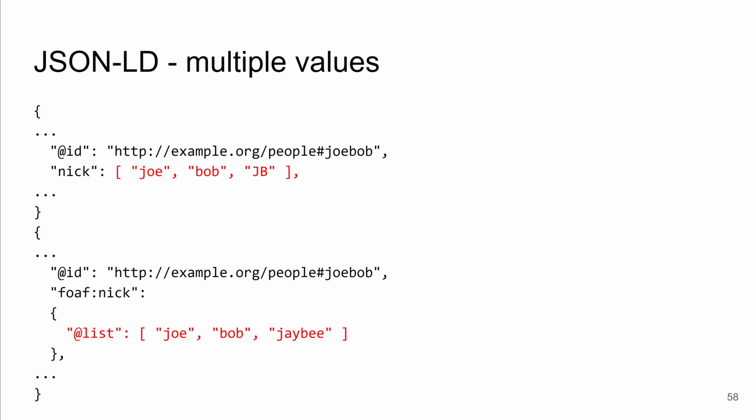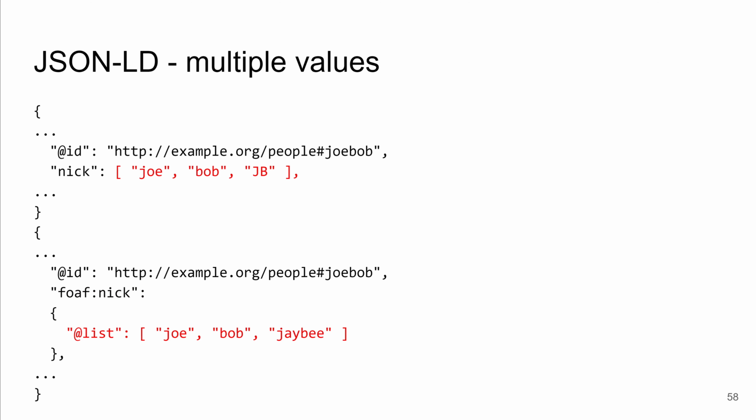When we translate this into RDF using JSON-LD, it will be three statements with no particular order, even though in JSON, in this array, Joe is first, Bob is second, and JB is third. This is because typically we do not need to preserve the ordering. So the default mode of translation of JSON arrays is that in RDF, this will be unordered.